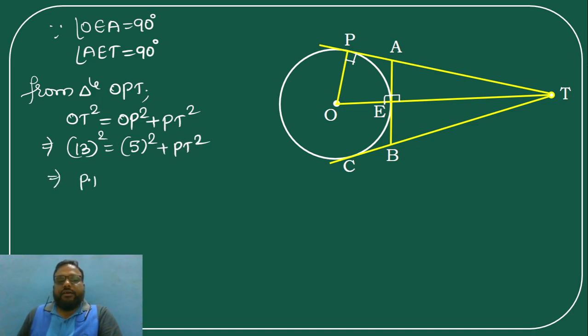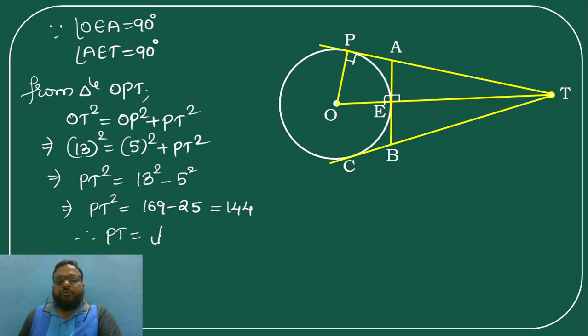So PT square is equal to 13 square minus 5 square, which is 169 minus 25, that gives 144. Therefore PT is equal to root 144, that is 12 centimeters. Plus or minus will come, but we are not going to take minus because it is a length. So PT equals 12 centimeters.